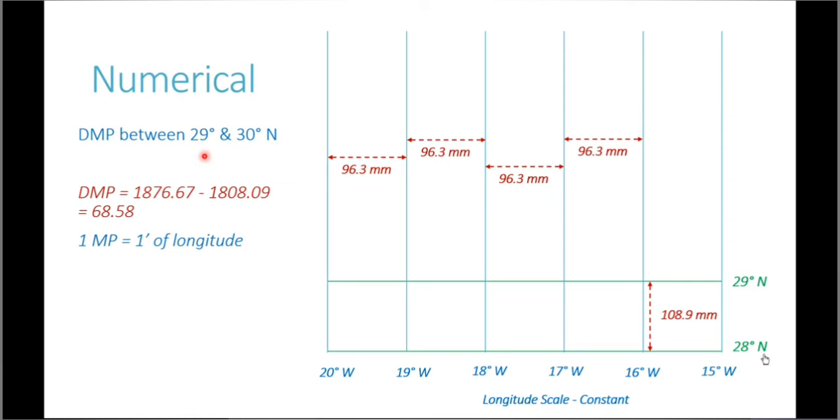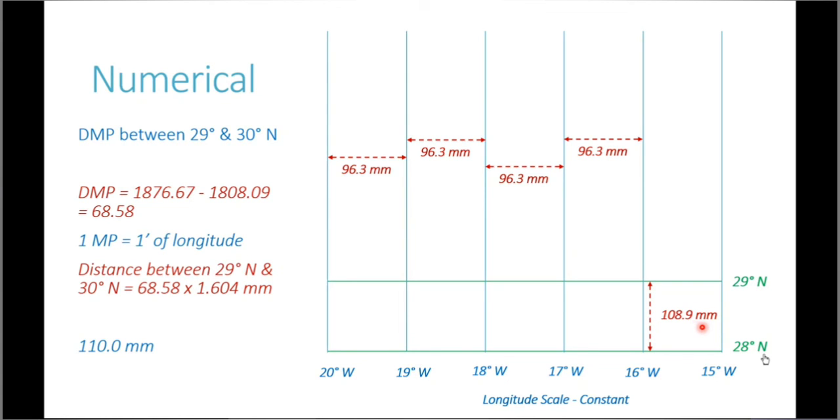Now we know one meridional part is equal to 1 minute of longitude. So the gap between 29 and 30 is basically 68.58 minutes of longitude. 1 minute of longitude is already calculated as 1.604 millimeters. Multiplied by the DMP, it gives us the gap between 29 and 30 degree parallel, and it comes out to be 110.0 millimeters.